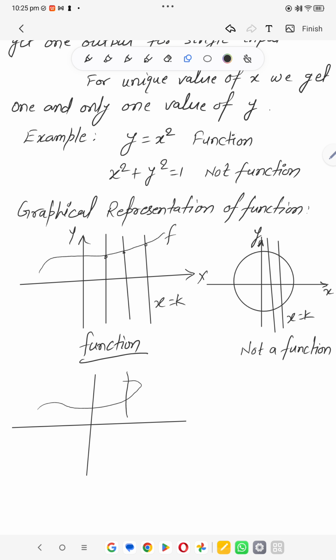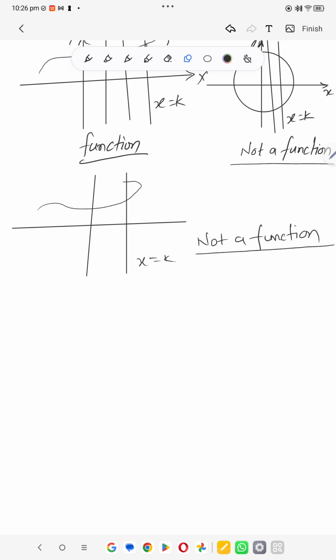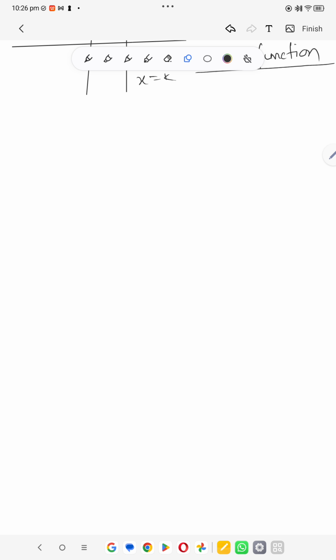Then for x equals k, there will be two values of y, and it will not be a function. We have to look carefully at whether it is a function or not.